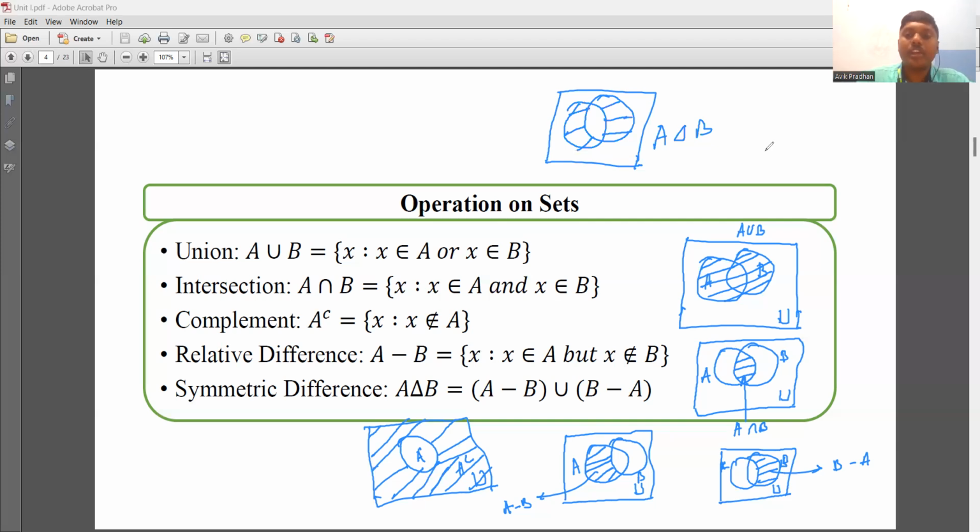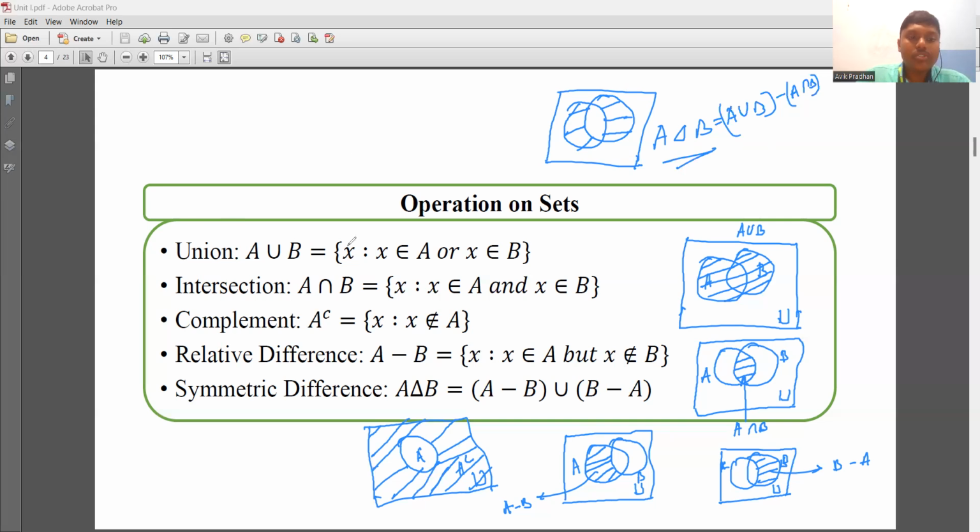As I mentioned in the last lecture, this is A union B minus A intersection B. You can think of this as exactly one of A and B.